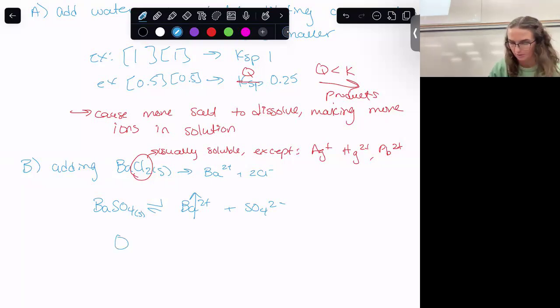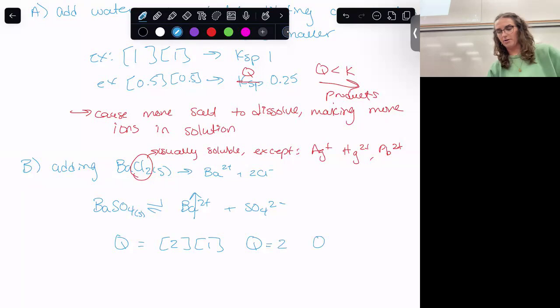If we solve for Q, let's give ourselves random values. Our original was 1 times 1 to give us 1, but now we've increased our concentration to 2, so Q equals 2.